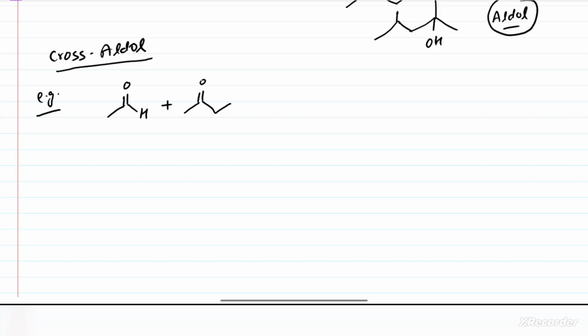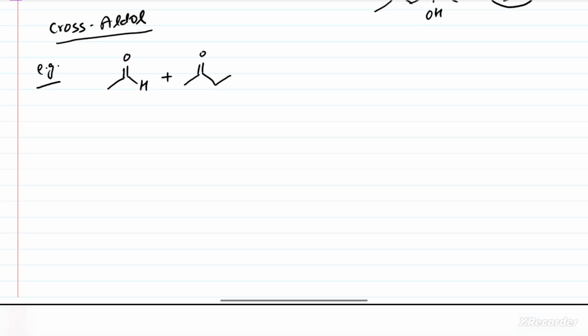If I say write the aldol product or the final product for this compound, you have to be very careful: this one is carbonyl, this one is also carbonyl. Basically we have two different carbonyl groups. With respect to the first compound, this is the alpha carbon, and with respect to the second compound, we have two alpha carbons. So now I will write alpha 1, alpha 2, alpha 3. That means we have three different products.